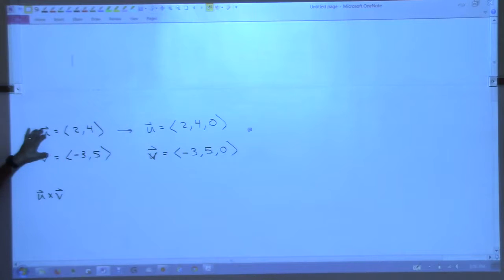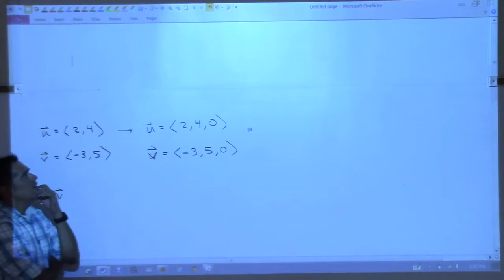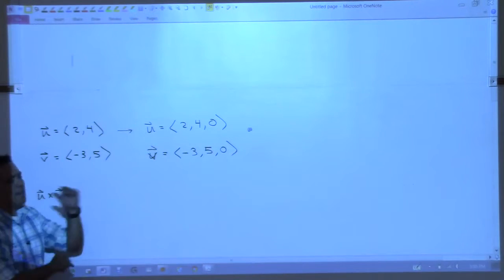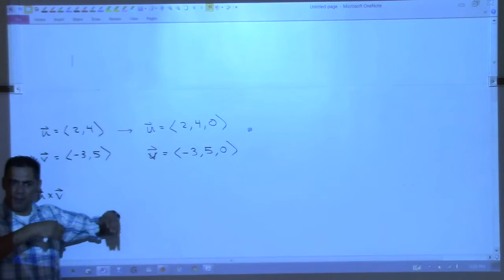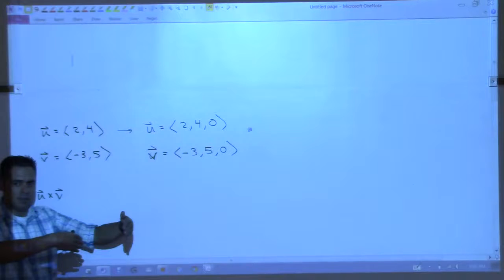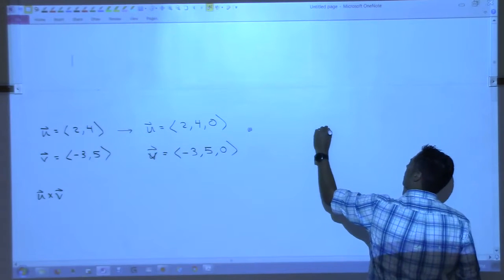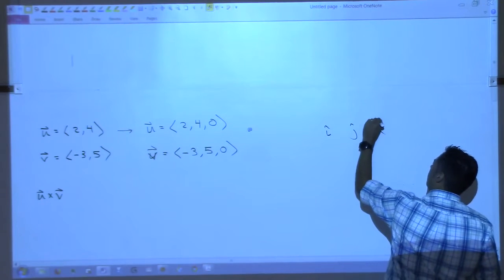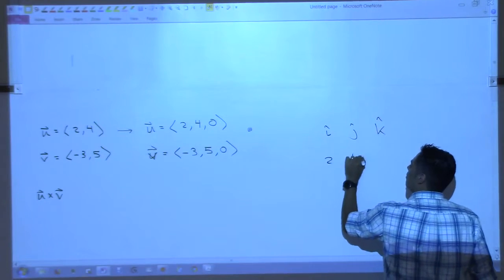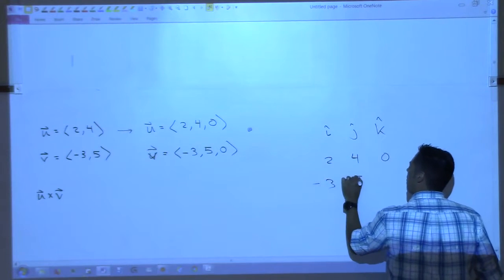So if the cross product should be pointed straight up or straight down, then when I set up my little determinants, what's going to happen with the first two components? We should get 0. Let's do it real quick. i, j, k. We want to be able to do these fast. 2, 4, 0, negative 3, 5, 0.